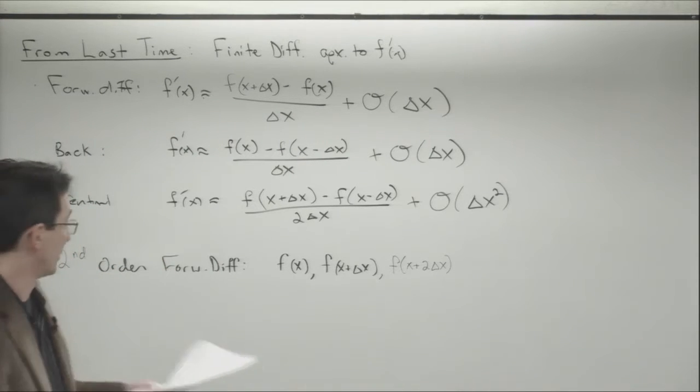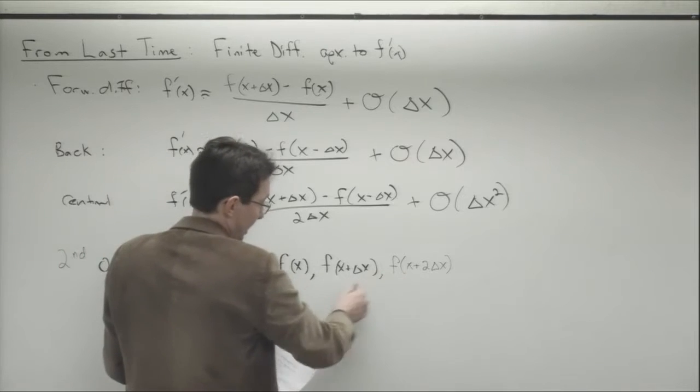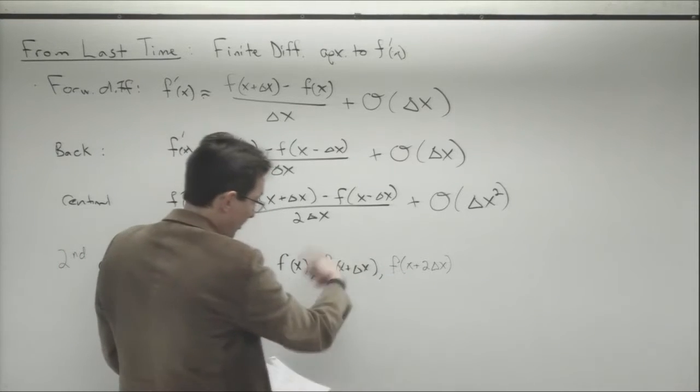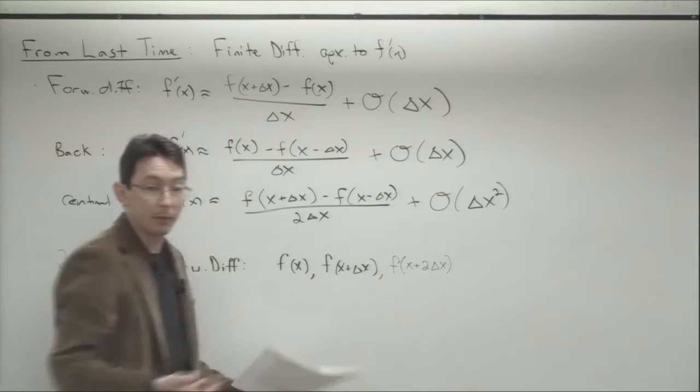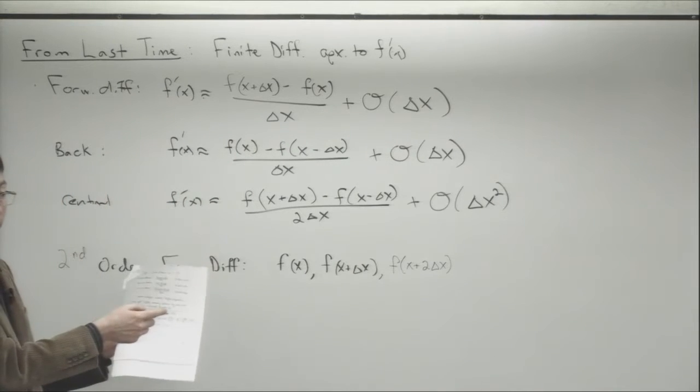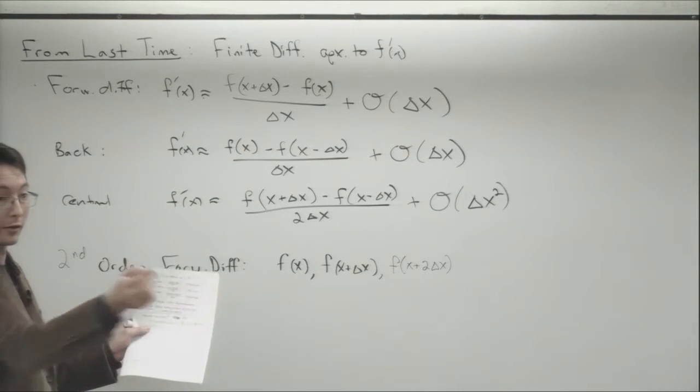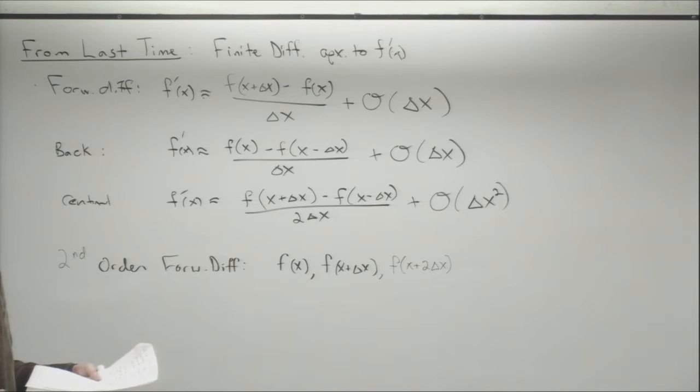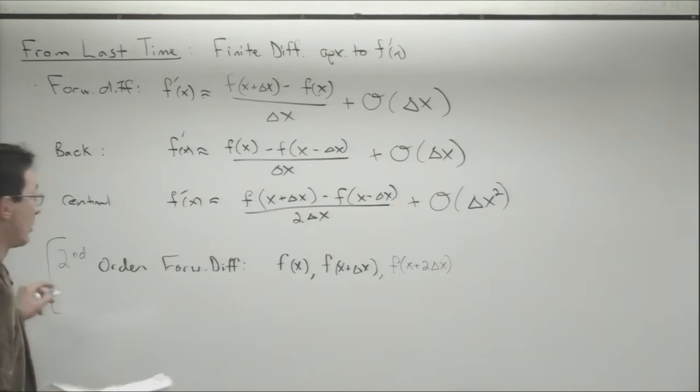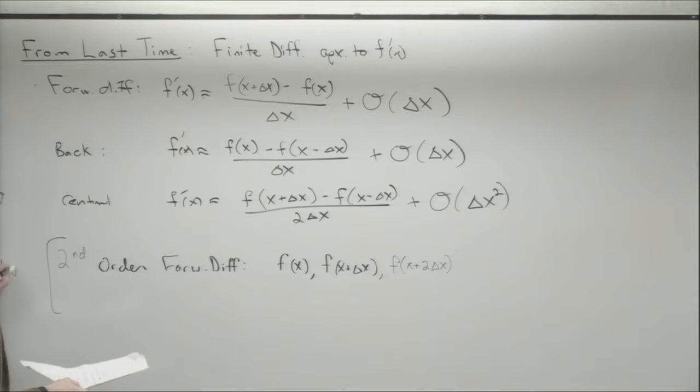And you would show why by literally computing the Taylor series of these 2 expressions, plugging it into whatever formula you cook up, and showing that you get the first derivative plus terms that are on the order of delta x squared. Okay, so this is going to be like a homework 4 type problem.